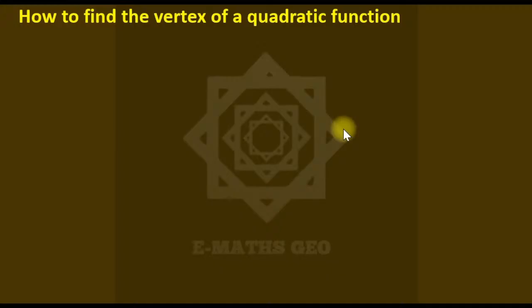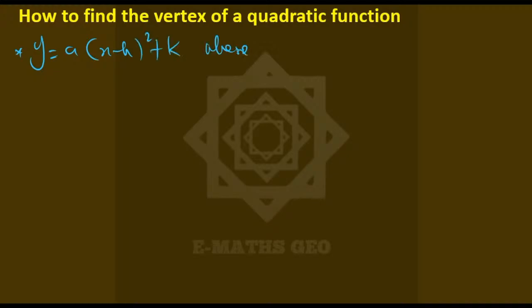We want to learn how to find the vertex of a quadratic function. If you could remember, I told you a quadratic function could be written in terms of the vertex, y equals a times x minus h all squared plus k, where h comma k is the coordinate of the vertex.